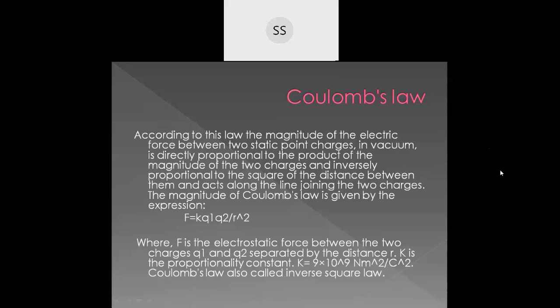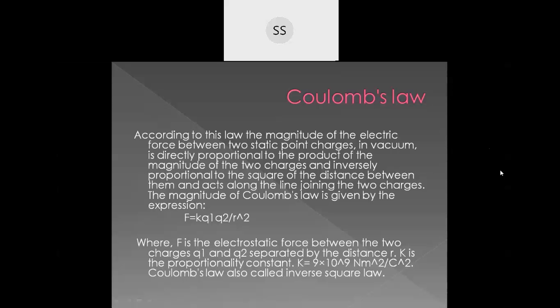That constant is k. So F equals k q1 q2 by r square. K is the proportionality constant. The force between two charges is called the electrostatic force. So Coulomb's law explains the electrostatic force between two charges or multiple charges.